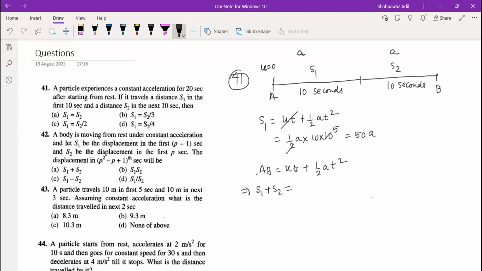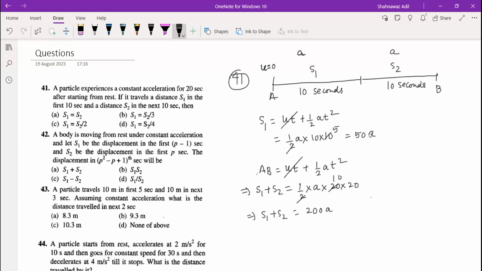U is 0, this is cancelled, half A and T square. T is the whole journey, 20 into 20. So this part cancels, and this is 10, so this is 200A. And this is S1 plus S2.